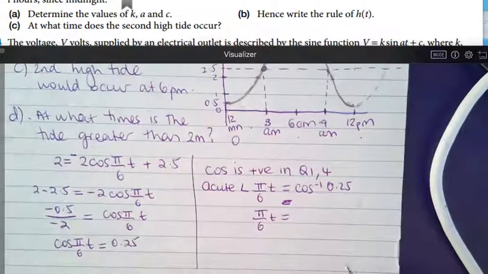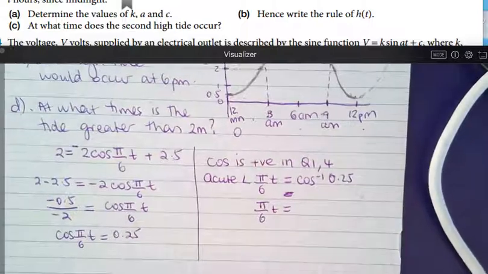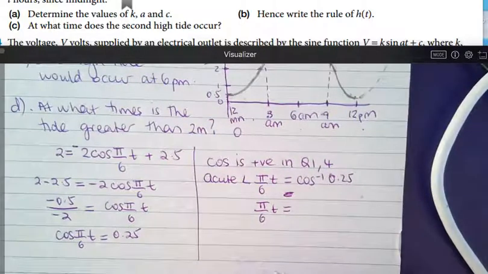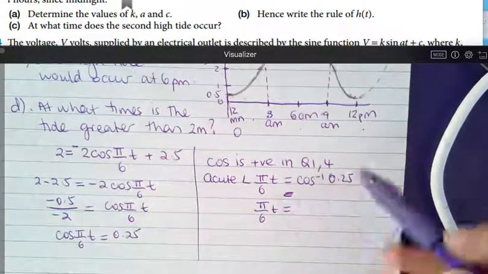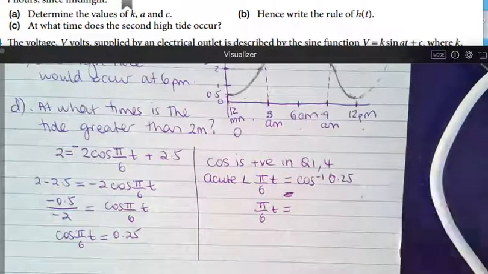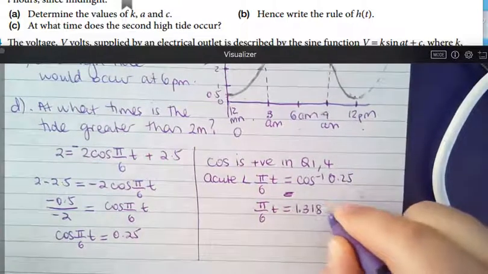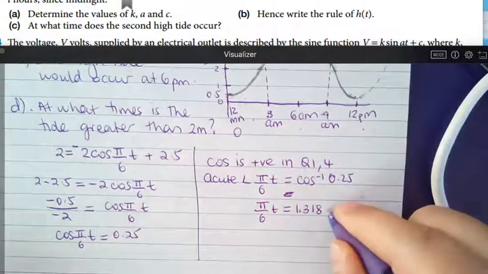We need radians because of the pi. See, this is really 30, but it's all in radians. The way you do it on your calc is cos to the minus 1 of 0.25. If you are in degrees, just change to radians mode. 1.318... how many 8s?